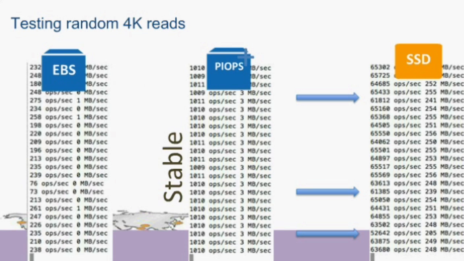So 1010, 1009, 1011, 1010, 1010, 1010. So for this workload, this happens to be a test for MongoDB, you're seeing a couple of orders of magnitude tighter consistency from provisioned IOPS EBS in comparison to standard EBS.